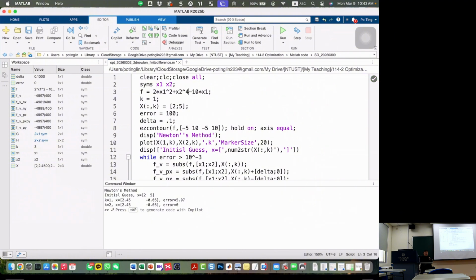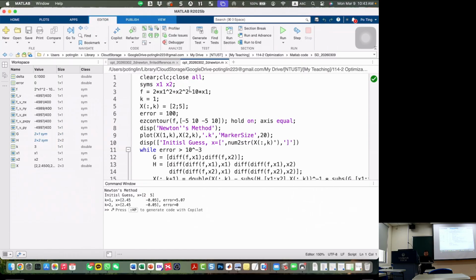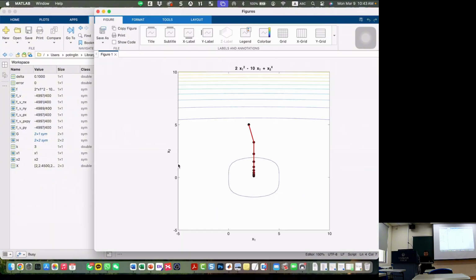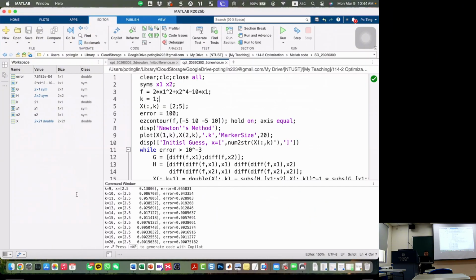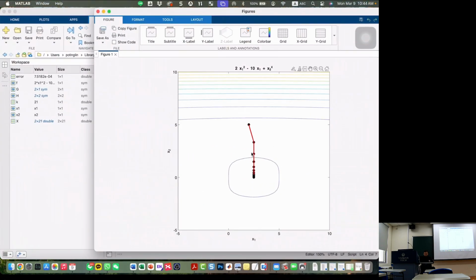Let me try to make it the fourth order. So x2 now is to the fourth order with symbolic. Let's take a look at the process. It took Newton's method 20 iterations to find the solution because of the super high nonlinearity.